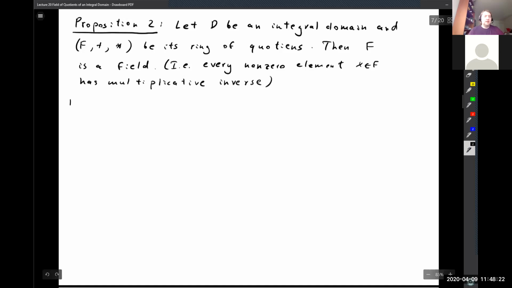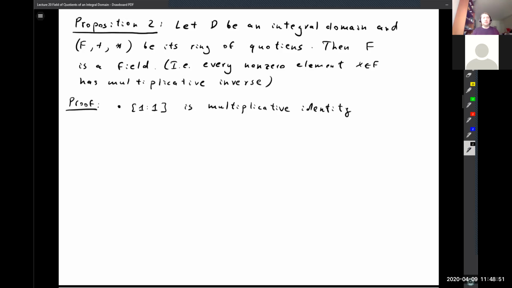Okay, and here the proof would basically go as follows. First of all, the equivalence class of the fraction 1 over 1 is the multiplicative identity. Again, this part is immediate from the definition.